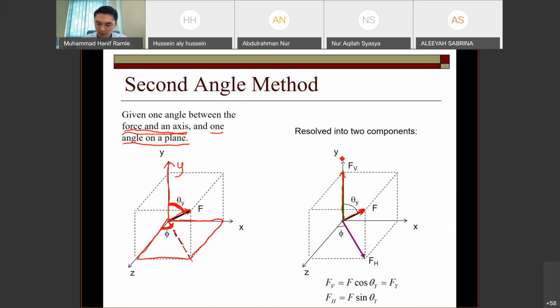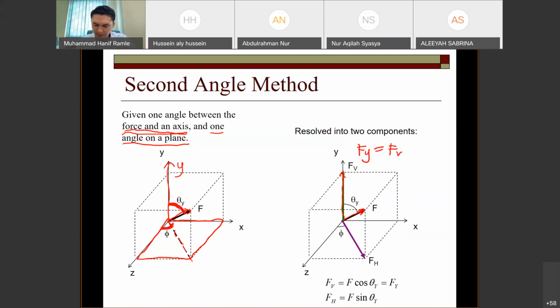We can just say that Fy equals Fv in this case. In some cases Fv is not on the y axis, maybe it is on the x axis or z axis, but for this example, Fv is on the y axis.